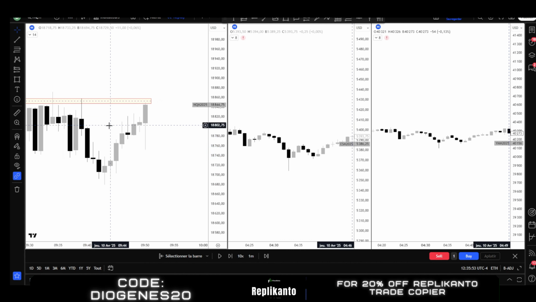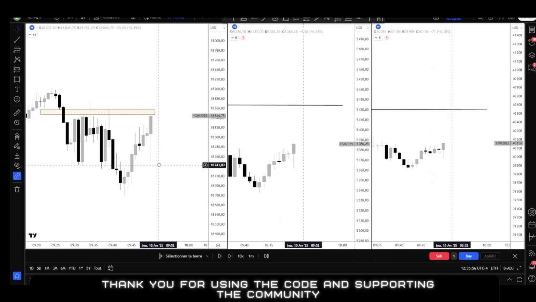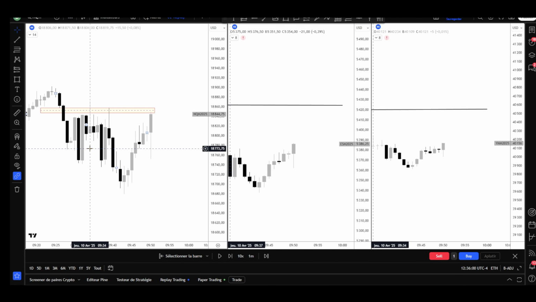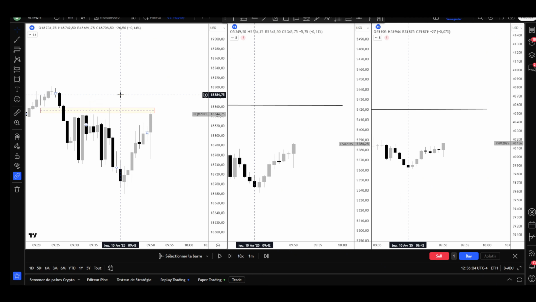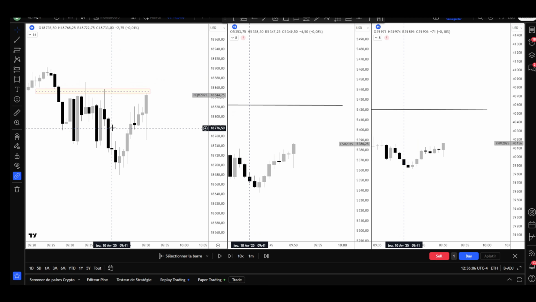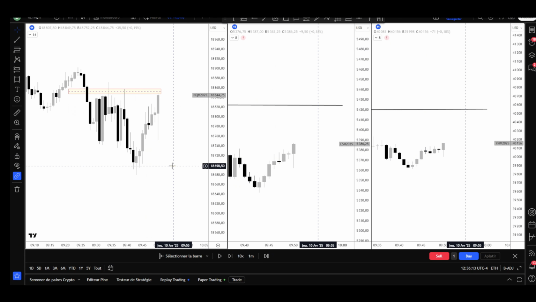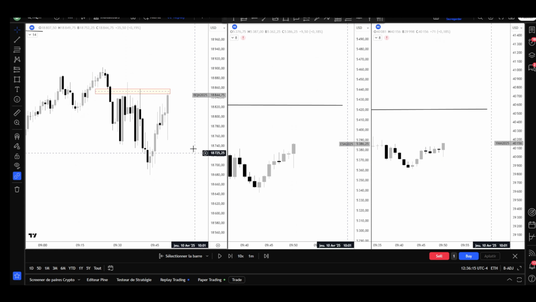Okay, something you guys need to know about CPI days is that they like to go back, especially to the extremities. They won't always tag these fair value gaps and move, right? They like to play extremities, especially at market open.